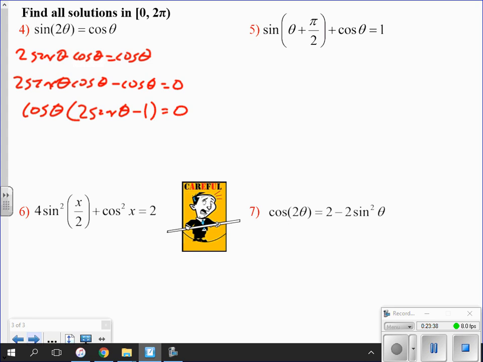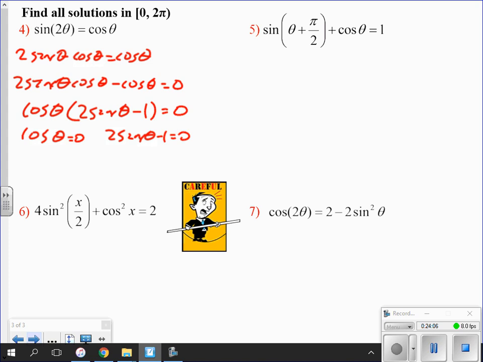Now, when you have two things multiplied that equal 0, that means each one of them is equal to 0. Cosine theta equals 0. 2 sine theta minus 1 is equal to 0. Okay, this one I can solve.